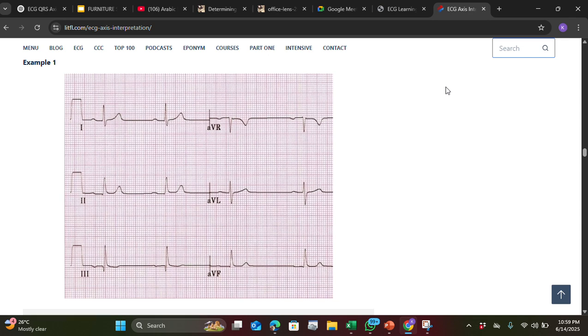If lead 2 is the isoelectric lead, you take lead 2 on the chart, which is minus 30 degrees, and do plus or minus 90 degrees: plus 90 minus 30 gives 60 degrees, and minus 90 minus 30 gives minus 120 degrees. So now you have 60 degrees and minus 120 degrees.